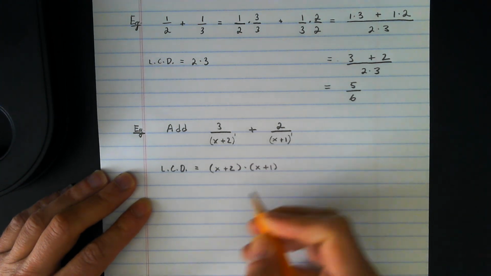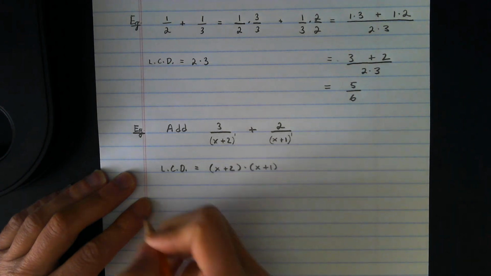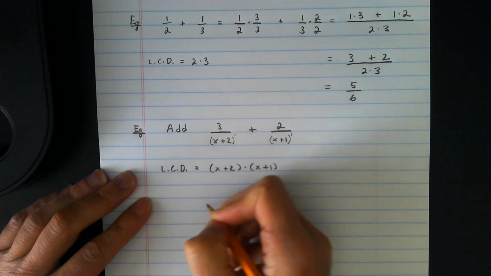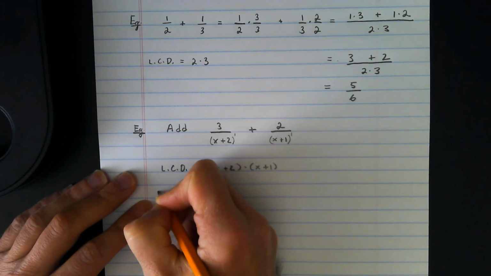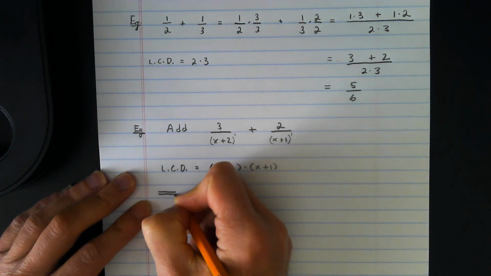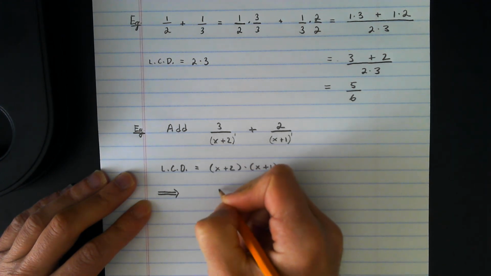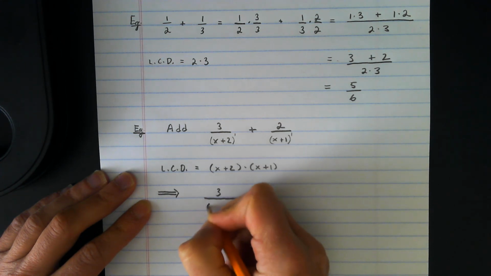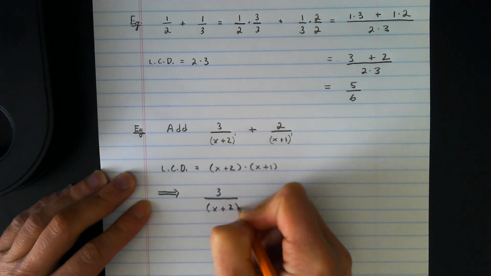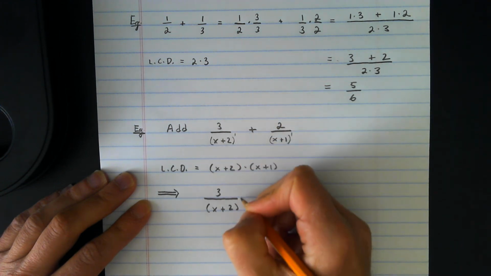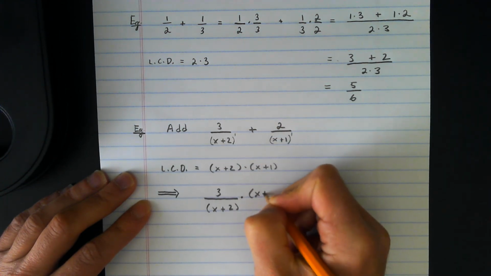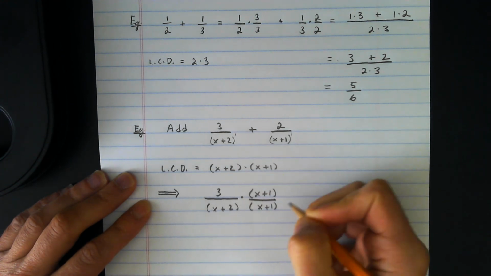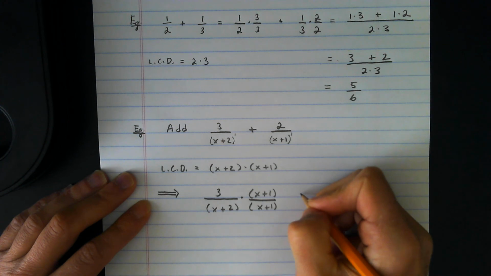We're doing this because we want to have the same denominators. So now we're just going to build these fractions up. I've got 3 over x plus 2, and I'm going to need to multiply this by (x+1)/(x+1) to get this common denominator.